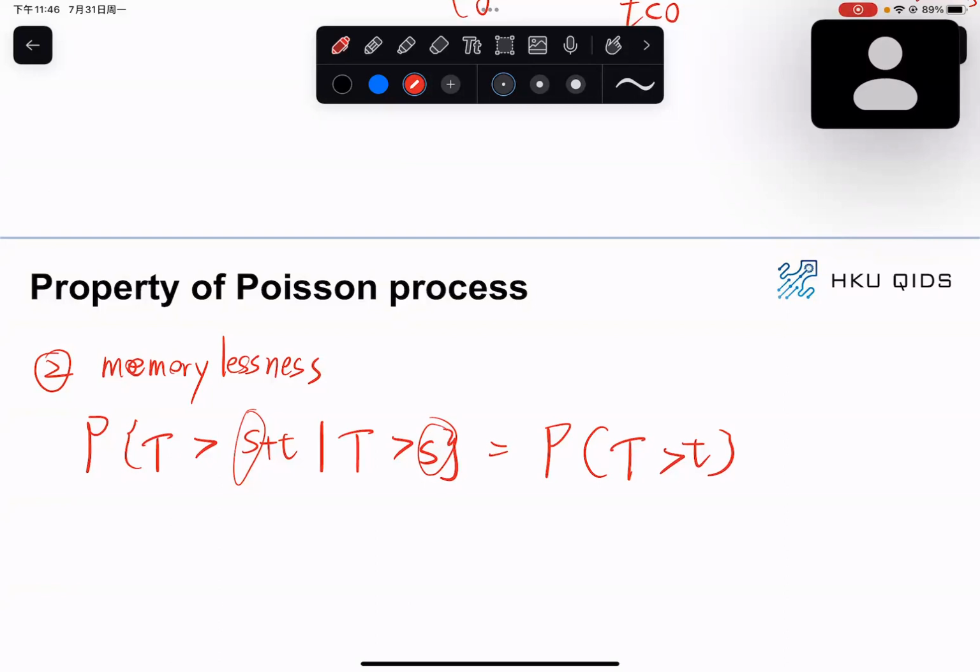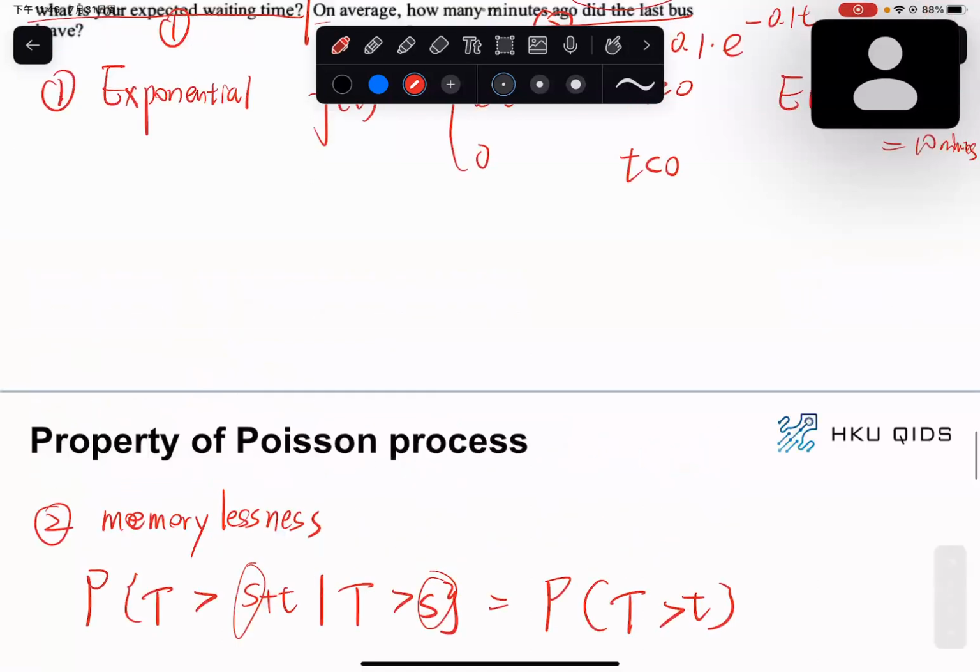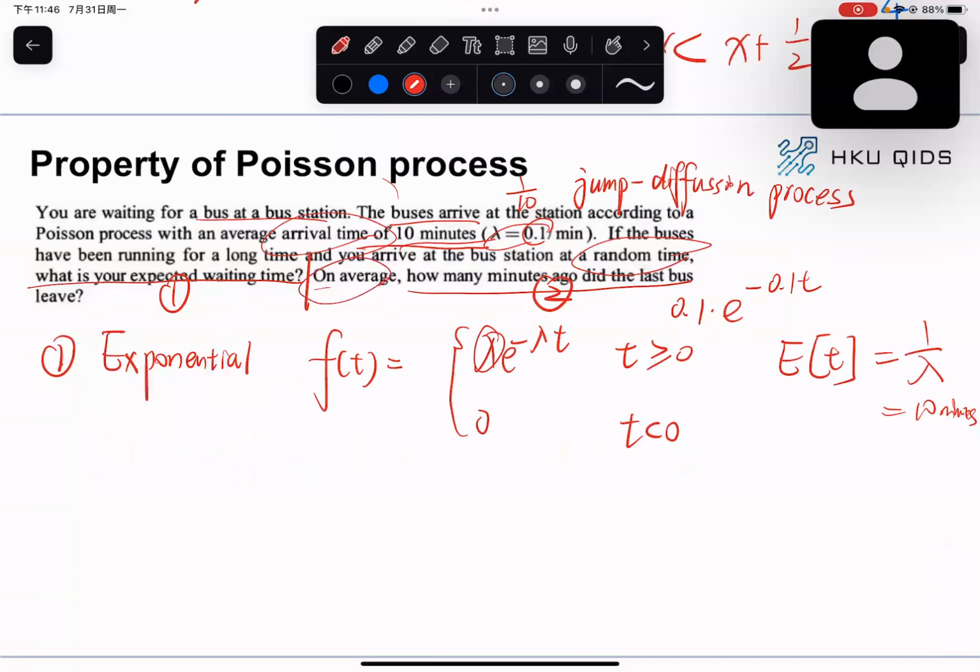The reason is that when you arrive at a bus station, the probability that you need to wait longer than the average time is higher than the probability that you wait shorter, because the expected time should on average be the same. Okay. So let's go back to the core problem. On average, how many minutes ago did the last bus leave?